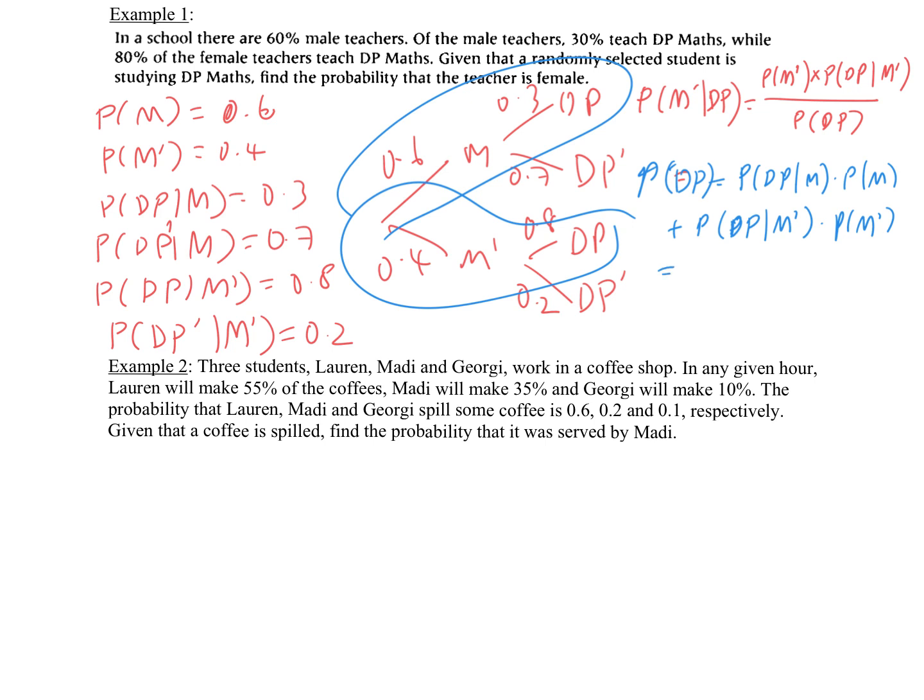So this will be 0.3 times 0.6 plus 0.8 times 0.4, and the answer will be 0.5.